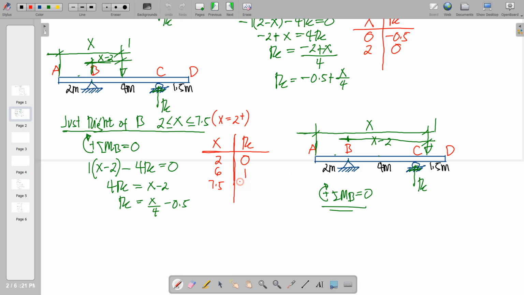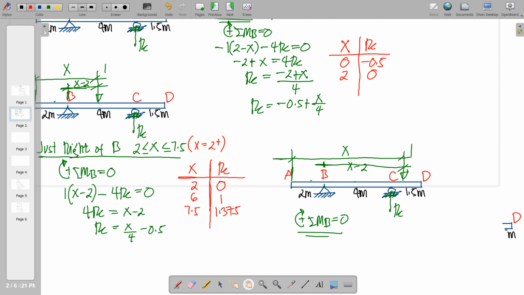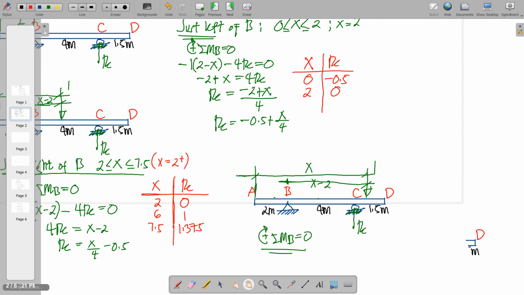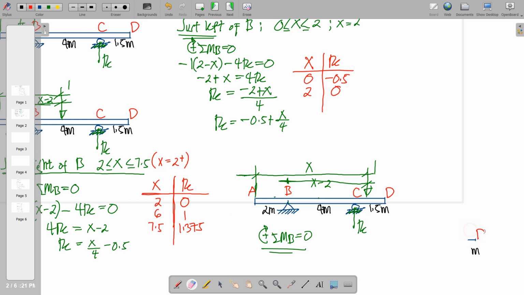RC will be 1.375. So we have all gathered the corresponding RC per distance.